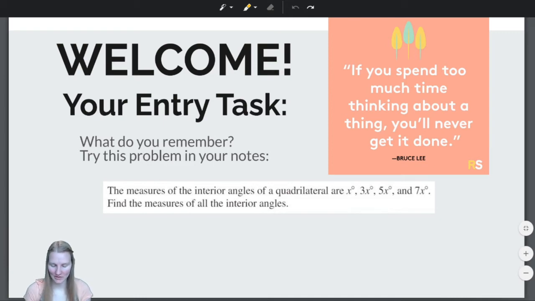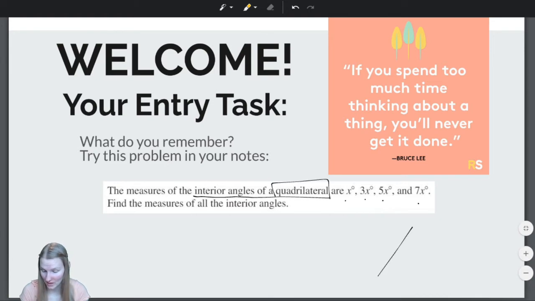Okay, the measures of the interior angles of a quadrilateral are x, 3x, 5x, and 7x. So we have some quadrilateral, some four-sided shape. We don't know what it looks like, but we know that one of the angles is x, one is 3x, one is 5x, and one is 7x.